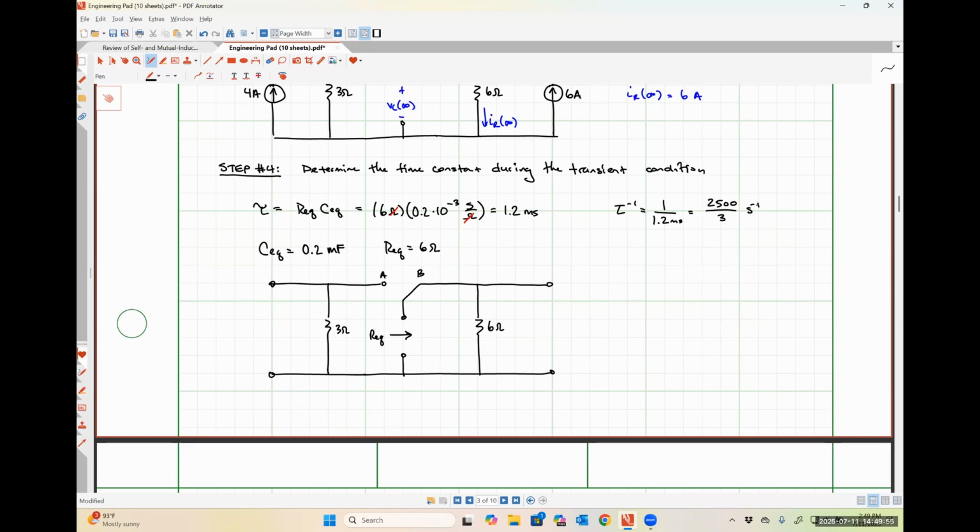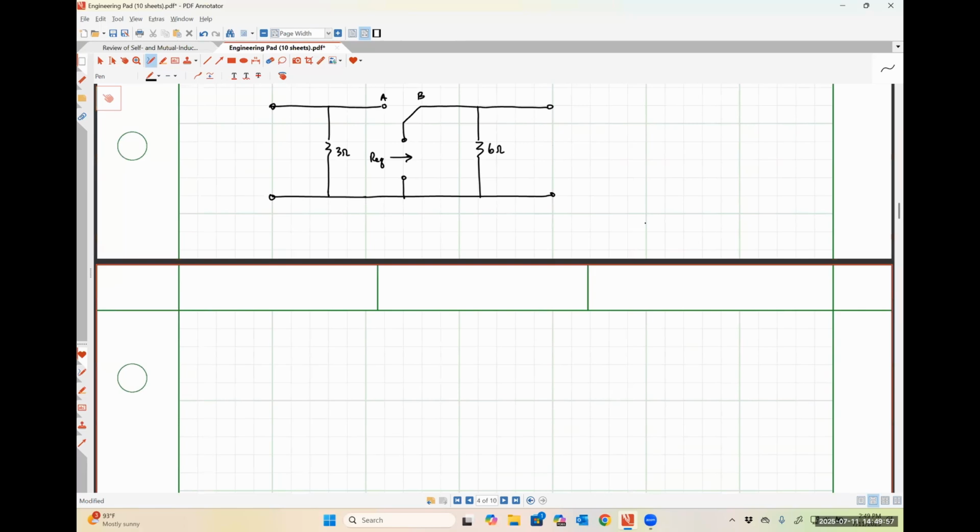The last thing that we're going to do, step number 5, is simply plug stuff into our generic equation.